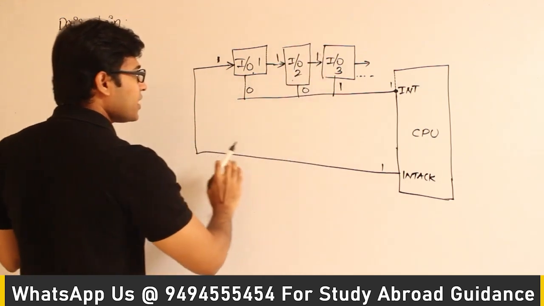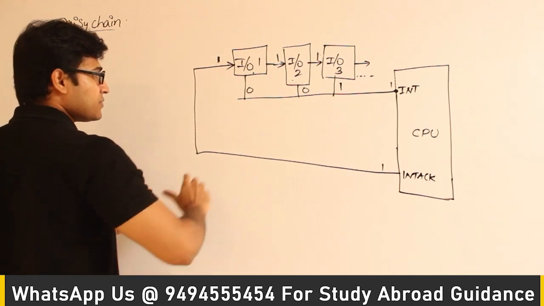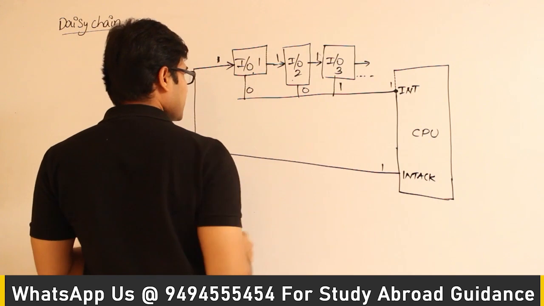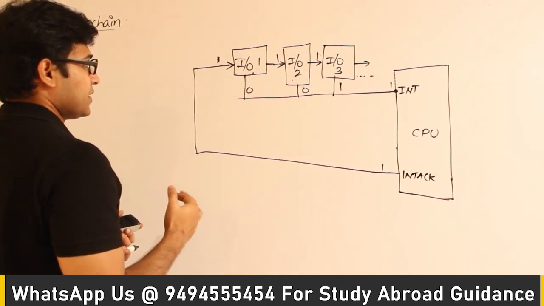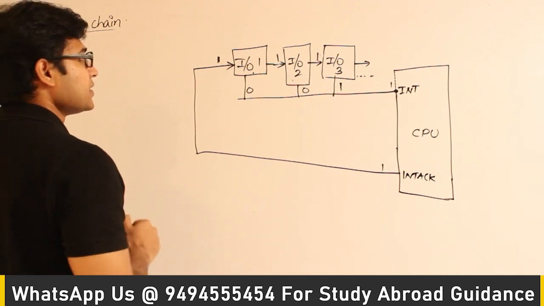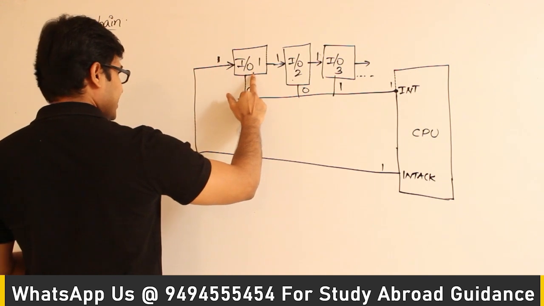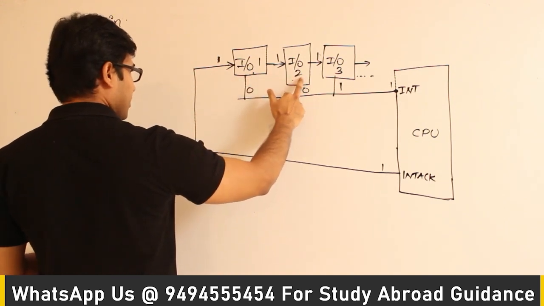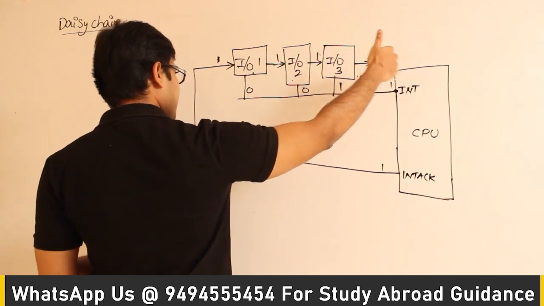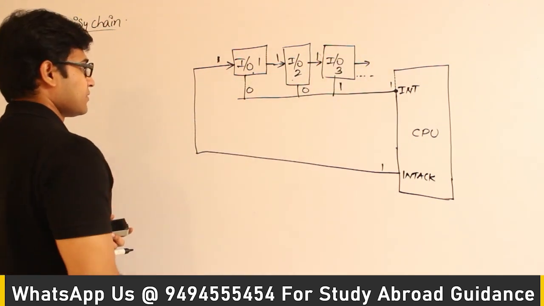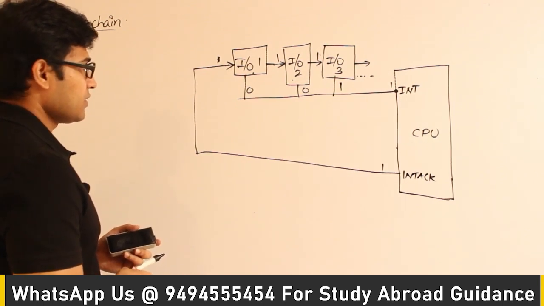So if you look at the way we have arranged this, it is very clear that based on the placement of the IO devices, based on the order in which they are placed, the priority is decided. So IO1 has higher priority, this one has second highest priority, this one has third highest priority, and the further the device, the lower the priority it gets, right? So now what can we understand from this?